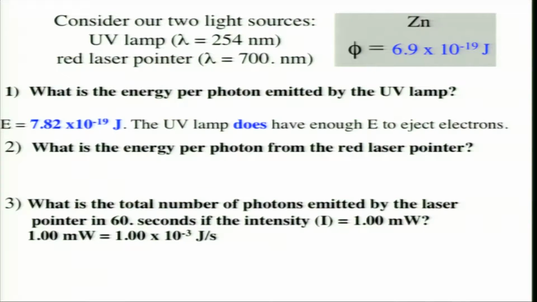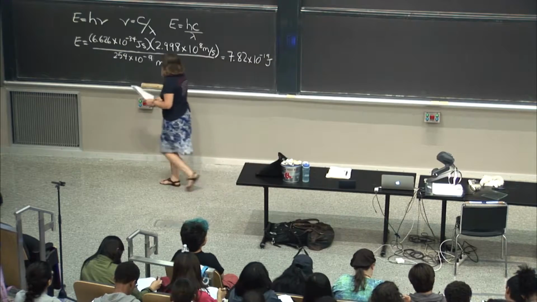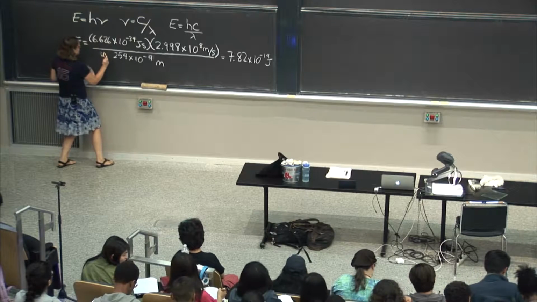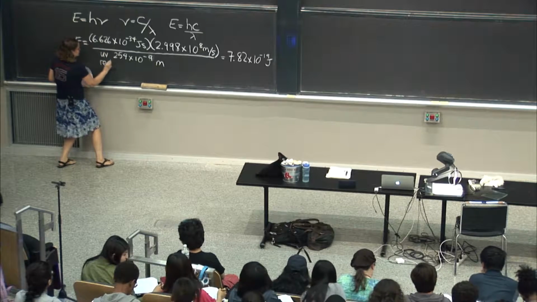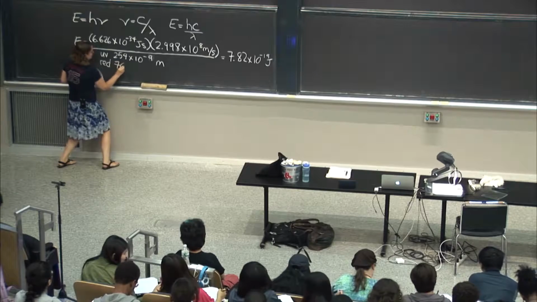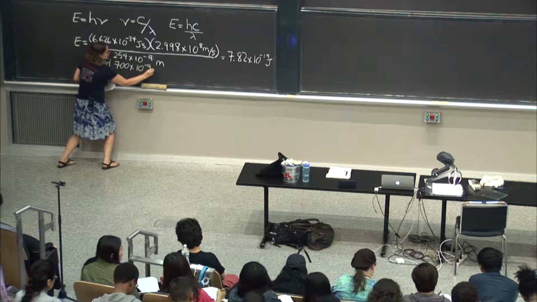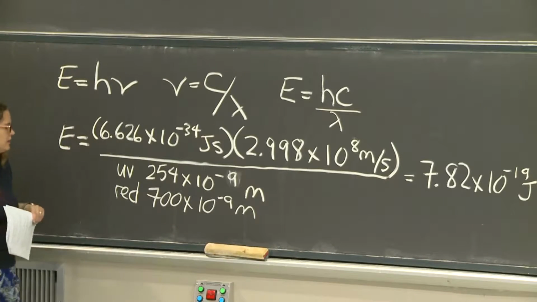Now we can look at what happens with the red laser pointer and see whether that should have the energy that's needed. And so I will just write these things down here instead of writing it again. So that was our UV. So now our red light, we have 700 times 10 to the minus 9 meters, or 700 nanometers.